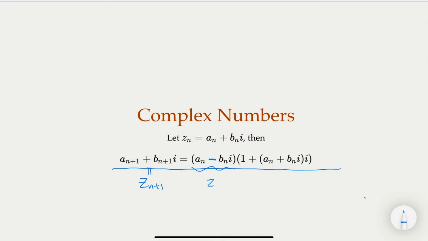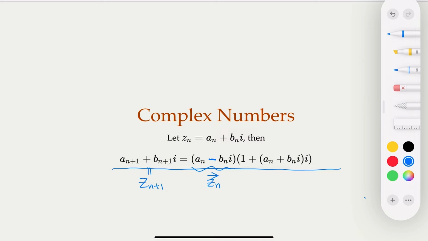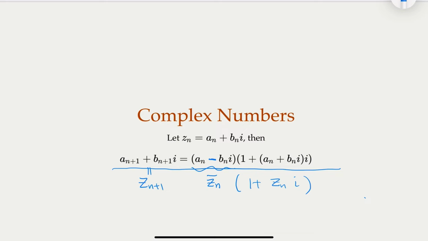This is Zn bar. Sorry, not a vector notation here; the software tries to be smart. It is the complex conjugate times (1 plus Zn times i). That's the original one, and we just rewrite it with real and imaginary parts, an and bn.